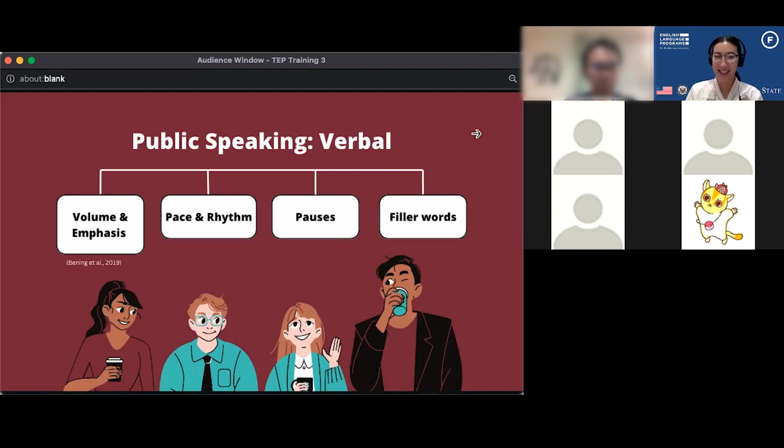This is not applied to daily conversation or casual conversation. We use a lot of filler words, and we may not always use pauses in the same way as we do in public speaking. So the way that we speak when we are giving a presentation is different from the way we speak to our friends or in other casual conversation.